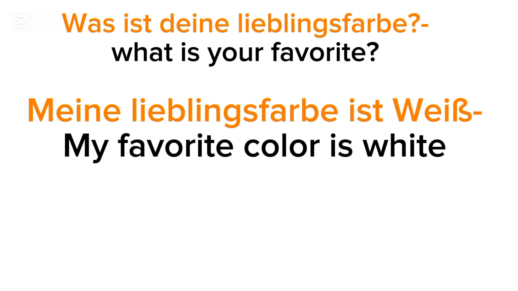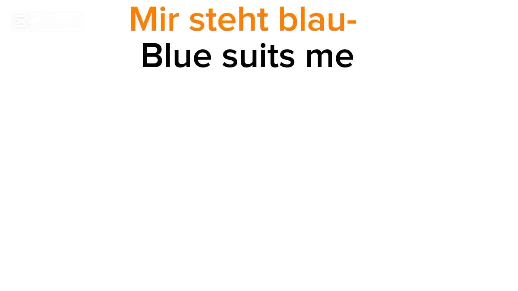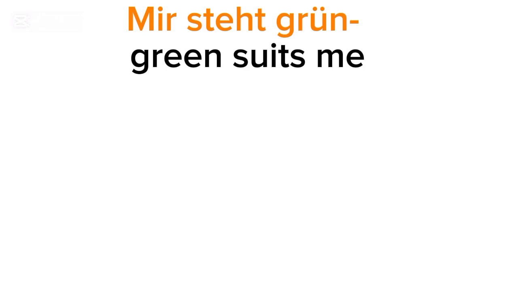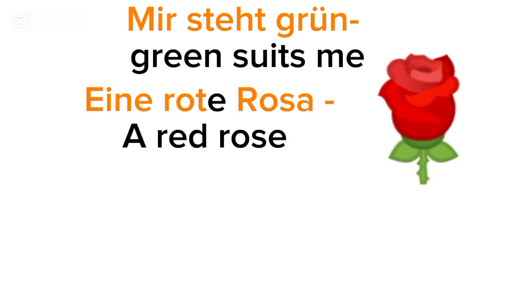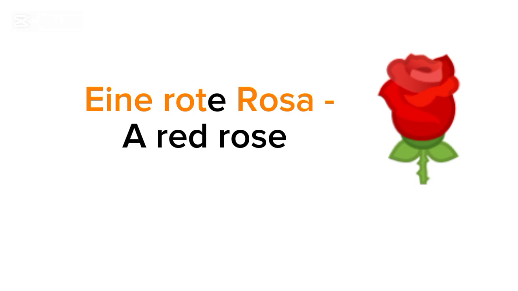Remember, Farbe takes a D at the end. Mir steht blau. Mir steht blau. Blue suits me. Oder mir steht grün. Green suits me. Okay? You can also say eine rote Rose. Eine rote Rose. A red rose. Don't worry about this rote now because red is rot. Now I have added E. This is a topic in above levels.